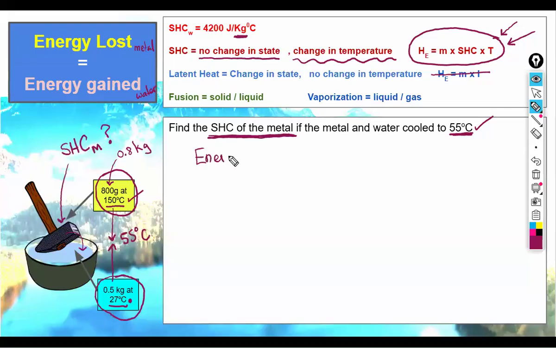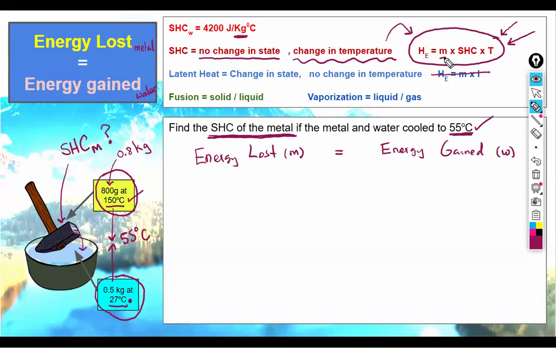Yeah. So here's what I'm going to formulate, right? Energy lost is equal to what? Energy gained. So who is losing energy? I'll put M for metal and let's put W for water, right? So to make it easy. To calculate the heat energy lost by the metal, you use this formula.